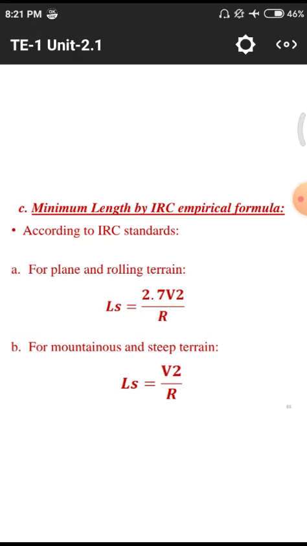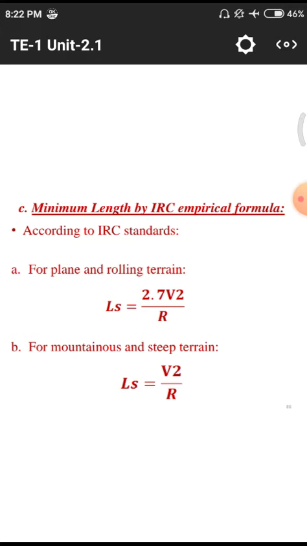The first point is centrifugal force, the second point is super elevation, and the third one is the empirical formulas proposed by the Indian Road Congress. These are the empirical formulas. We have two formulas according to terrains: plain terrain, rolling terrain, steep terrain, and vertical terrains.